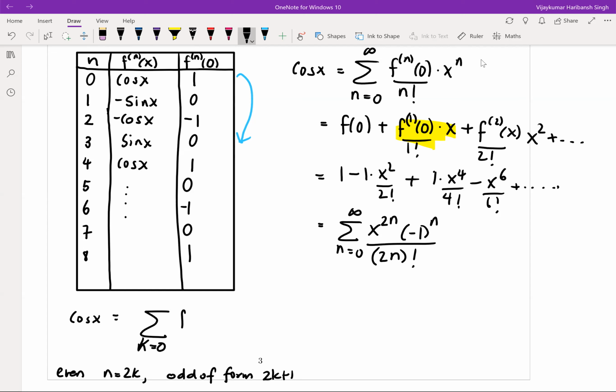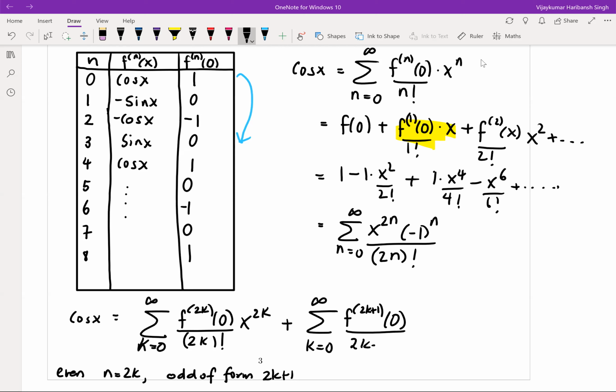I can write it as summation of f of 2k at 0 over 2k factorial times x to the power 2k, plus summation k equals 0 to infinity of f of 2k plus 1 derivative at 0 over 2k plus 1 factorial times x to the power 2k plus 1. So you're breaking into odd and even parts, right? Every n can be written as either 2k or 2k plus 1. And if you want to go through all n, just keep changing k and you'll get this.